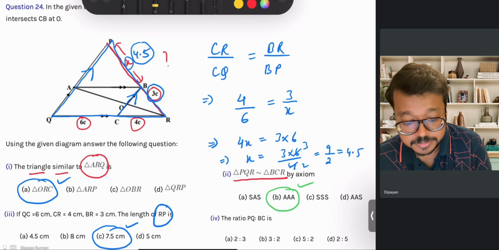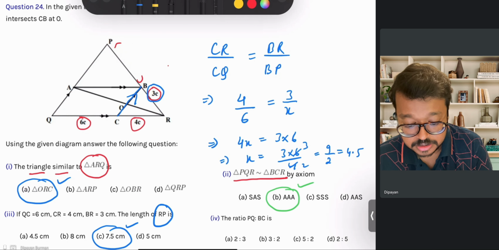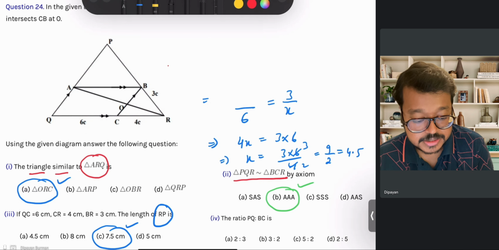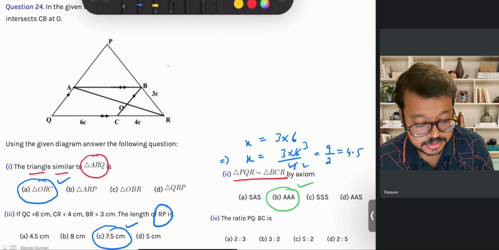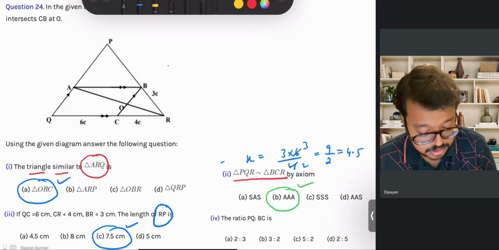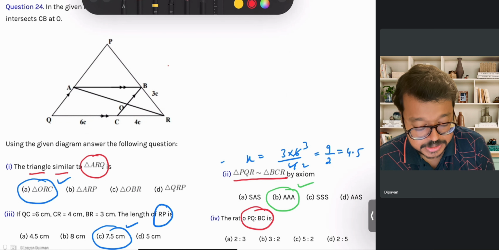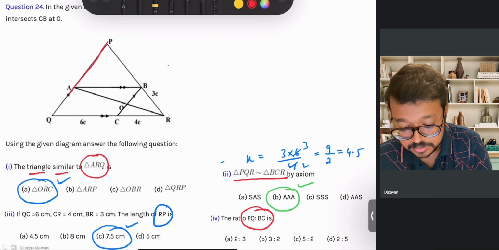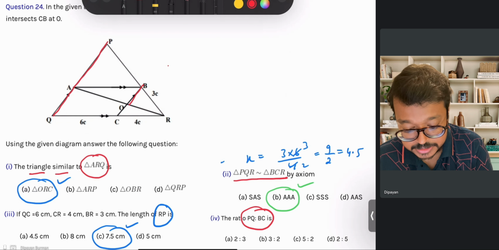And for the last part of the question, let's erase this. For the last part of the question, they're asking us that the ratio PQ is to BC is which of the following? So PQ is to BC.